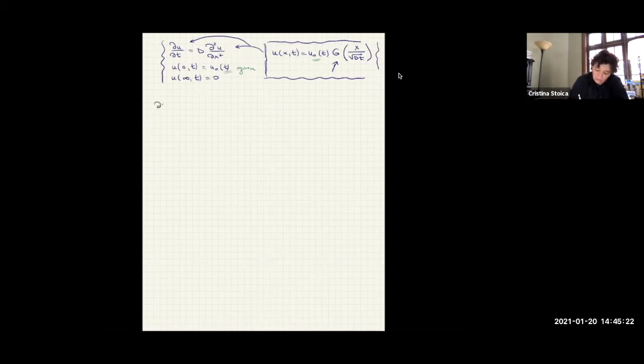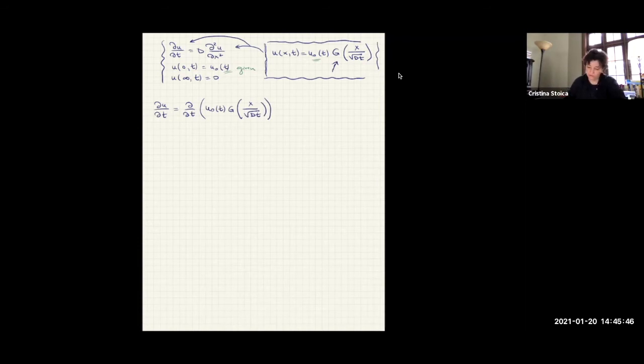So what would be du dt? du dt would be d/dt of u naught of t g of x over root t. But actually, the initial data was u naught, not u naught of t.